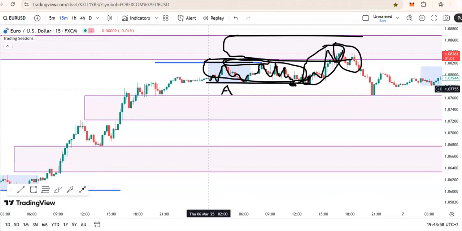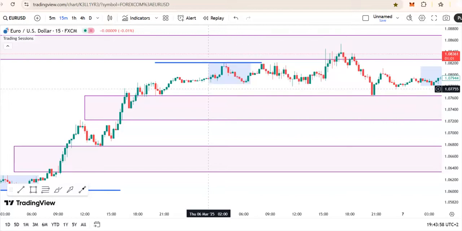We had this setup to participate in the distribution phase, targeting the 4-hourly fair value gap, the bullish one, as you can see. So what do we see here?